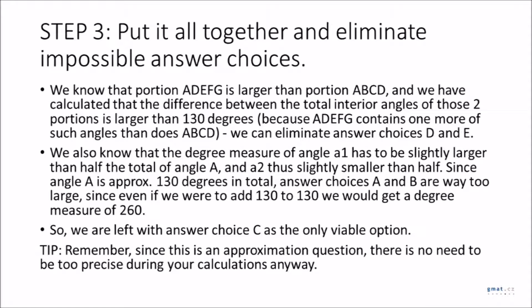Since angle A is approximately 130 degrees, answer choices A and B are just way too large, because we're just going to be adding the difference between an angle which is slightly larger than 65 and an angle which is slightly smaller than 65 degrees. So as I said, A, B, D and E are all gone. The only viable option is C.